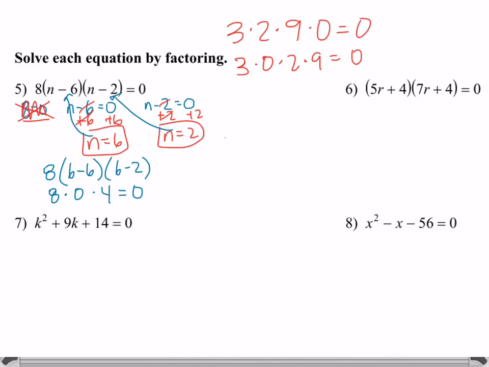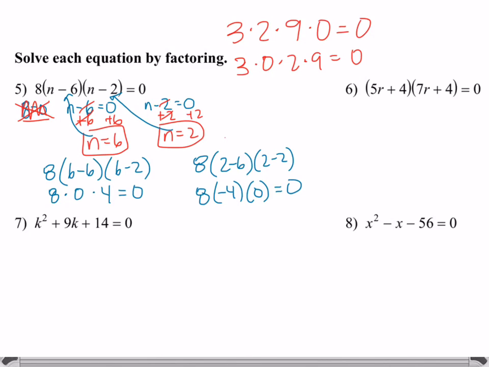Same thing works if I plug in 2 for n. So 8, and then 2 minus 6, 2 minus 2. 2 minus 6 is negative 4, and 2 minus 2 is 0. Again, it doesn't matter what 8 times negative 4 is, because I have a 0. Anything times 0 will equal 0. So that's how the zero product property works.